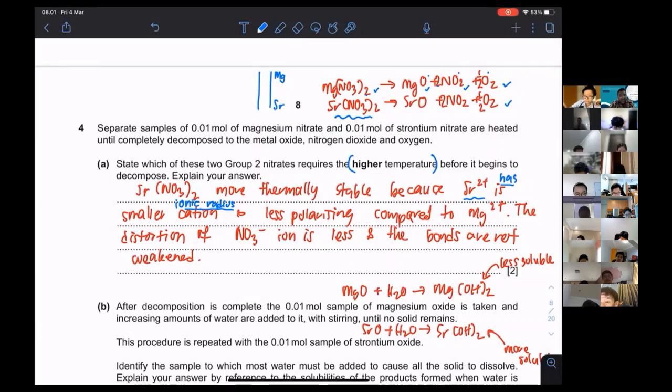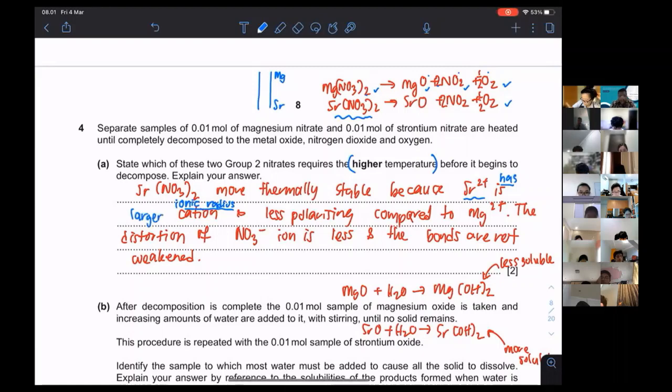Sorry, Sr2+ is the bigger cation, so my mistake. Bigger, this is larger.